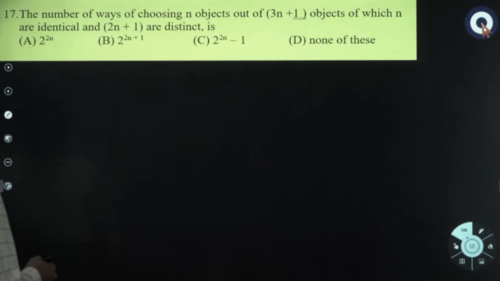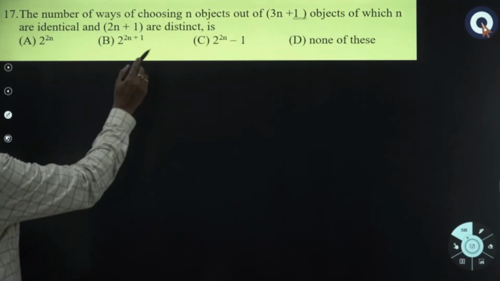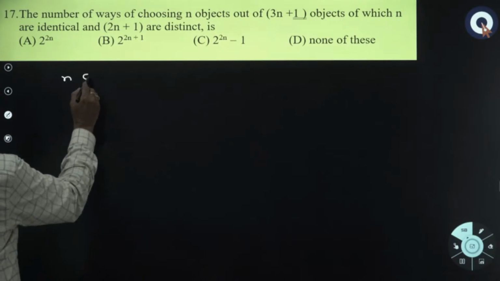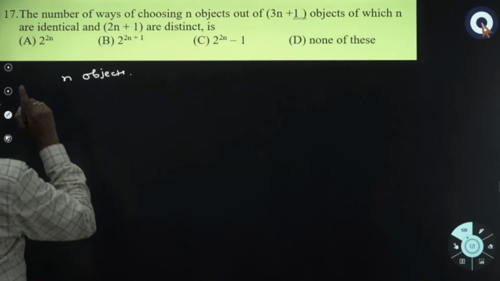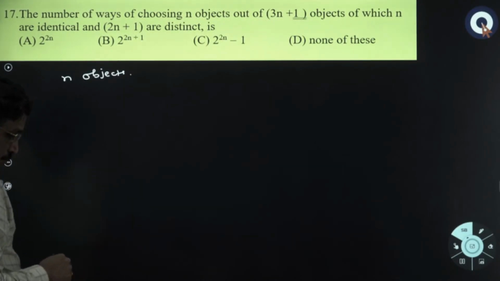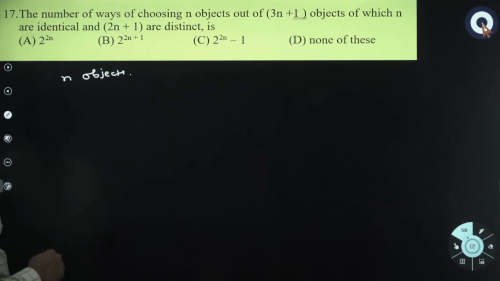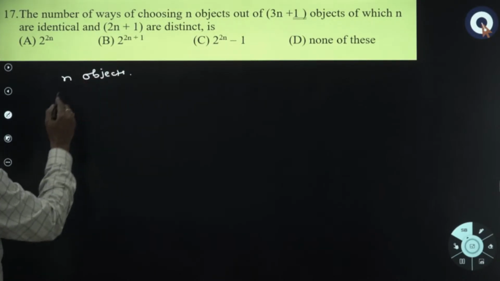So n are identical and 2n plus 1 are distinct. So the number of ways of choosing n objects, of which n are identical and 2n plus 1 are distinct. So how do we go about this? n objects, n are identical.